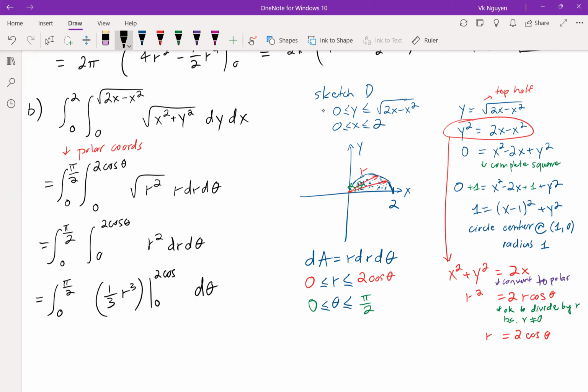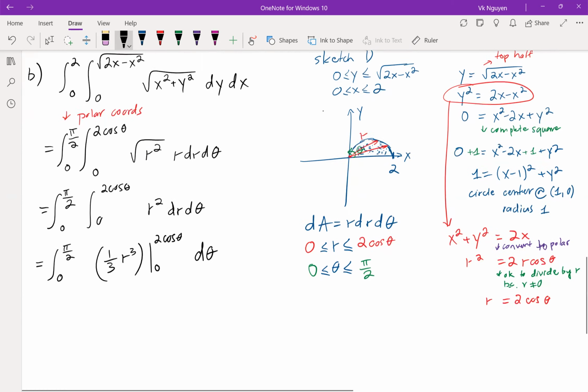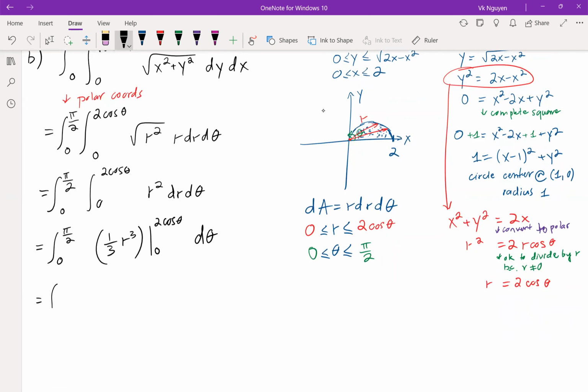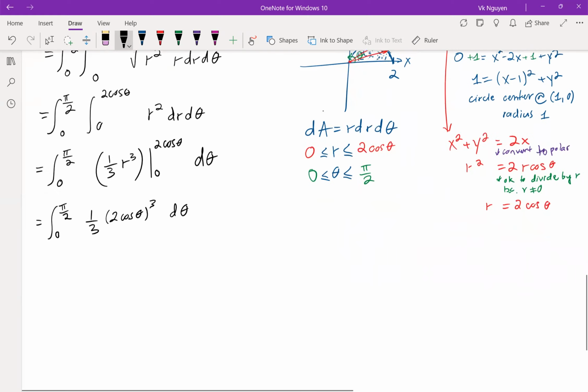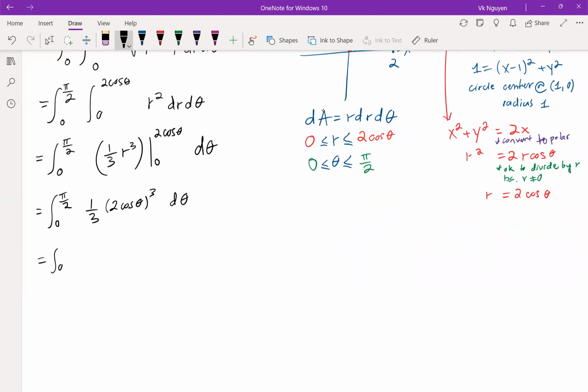Sub it in and use a little trick identity. 1 over 3, 2 cosine theta to the power 3 d theta. Okay, so 2 to the power 3 is 8, so it's going to be 8 over 3.